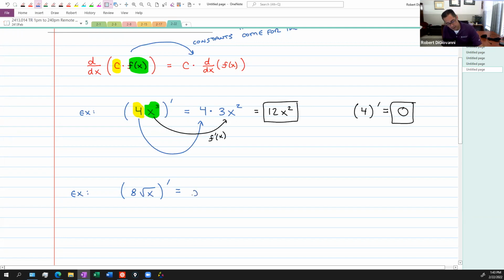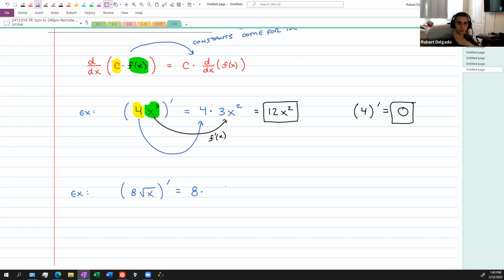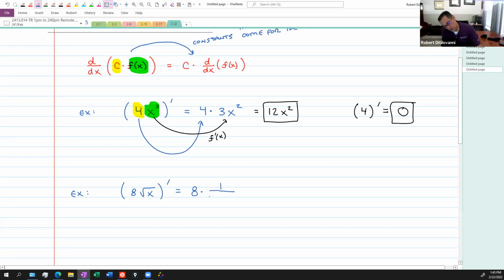So 8's going to be here, times, now what is the derivative of the square root of x? 1 over 2 square root of x, right? And that 8, you can look at that 8 as being up in the numerator and the 2 as being on the denominator. So this reduces. This goes in once, that goes in 4 times. So you have a 4 on top of root x.